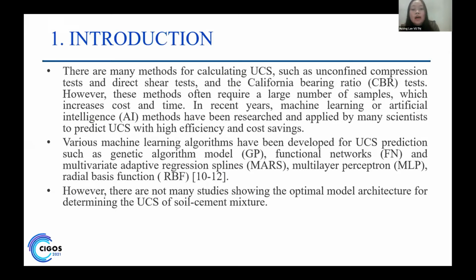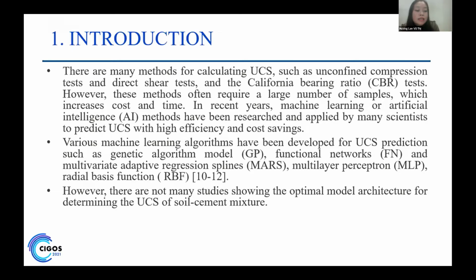In recent years, machine learning or artificial intelligence (AI) methods have been researched and applied by many scientists to predict UCS with high efficiency and cost savings.